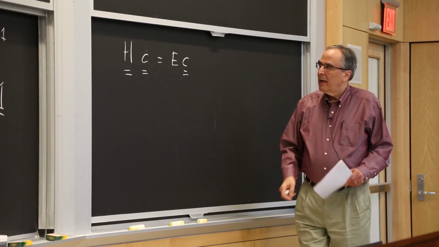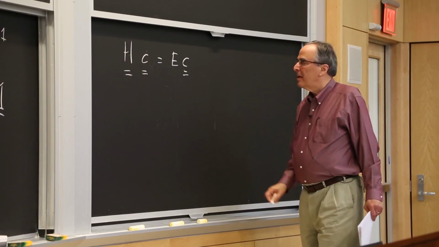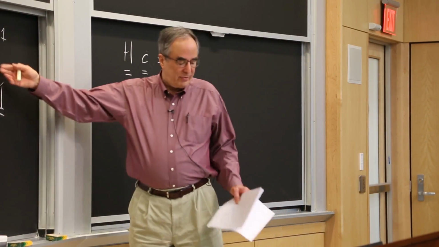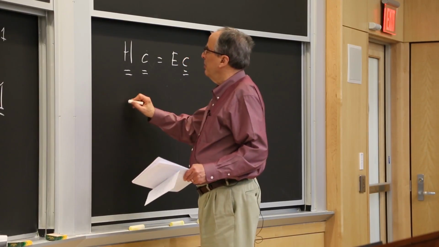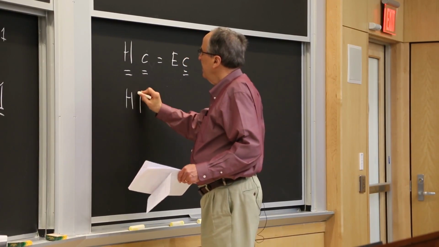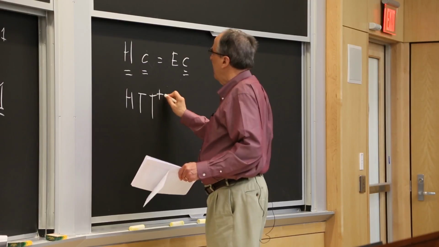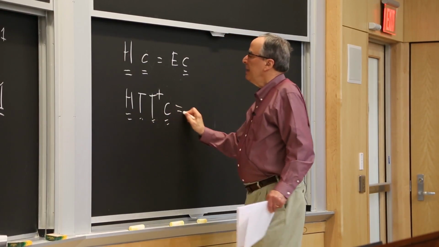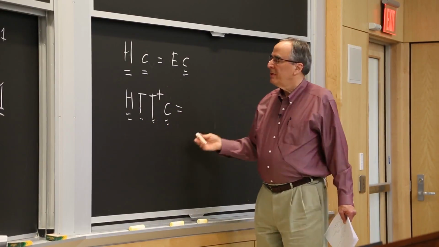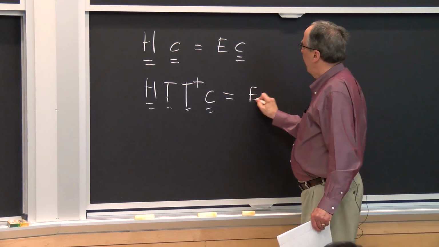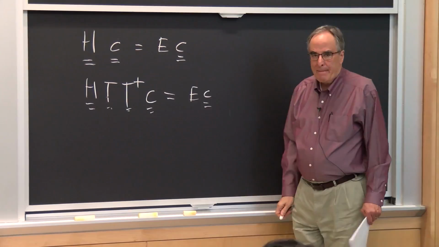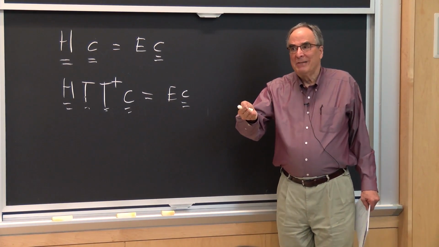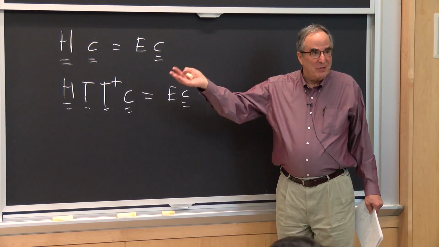Okay. Now, in order to solve this problem, we exploit this kind of transformation, and we insert T dagger between H and C. And that's just one, so we don't even have to worry about the other side. Okay. We're just playing with matrices, but they look like functions or variables.